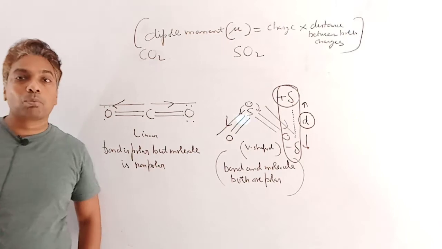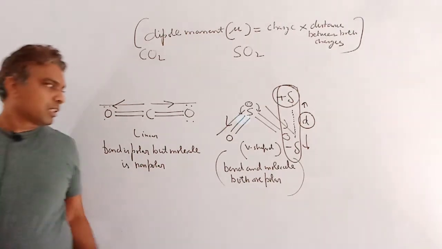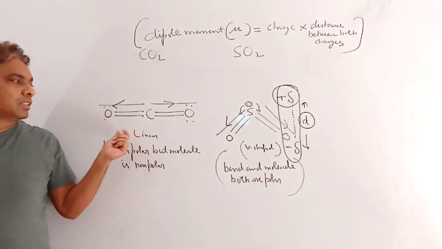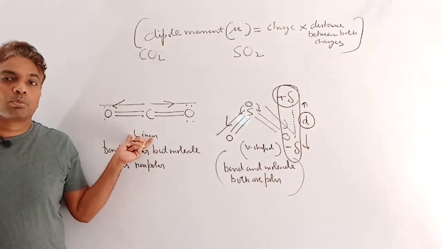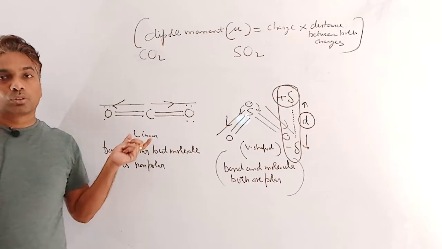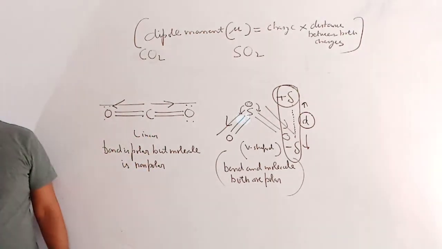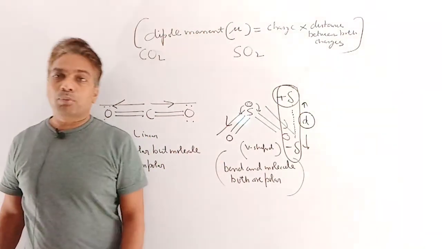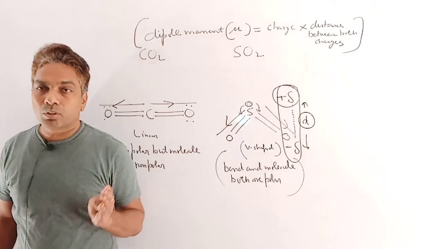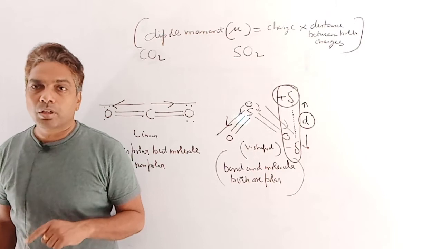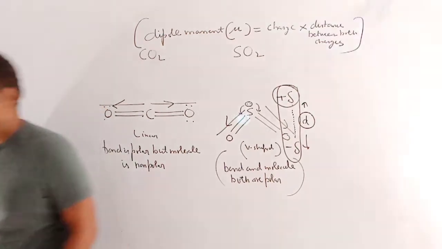All polar molecules show dipole moment. For example, in case of CO2, the bond is polar but the dipole moment of CO2 is 0 due to the cancellation of polarity. But in case of sulfur dioxide, bond and molecule both are polar, so sulfur dioxide shows dipole moment. Clear?